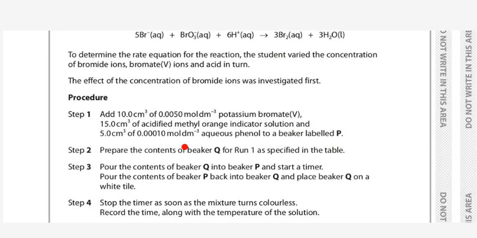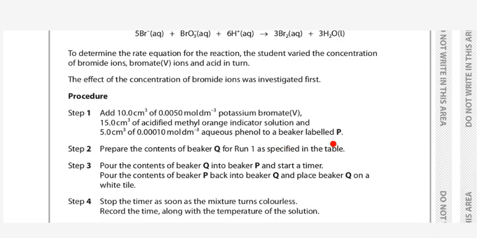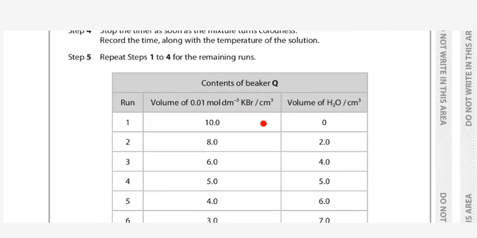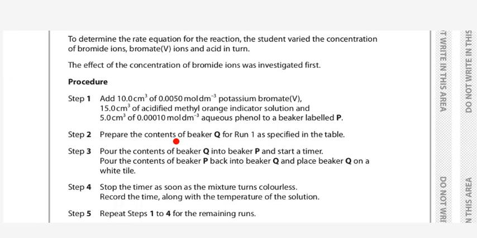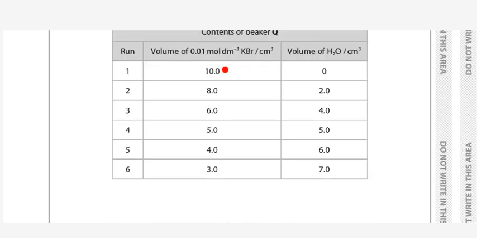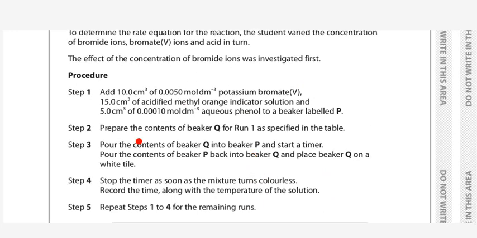Q is a KBr solution at different concentrations. You can see the total volume is kept at 10. As the volume of KBr decreases, the volume of water increases. Then pour the contents of beaker Q into P.